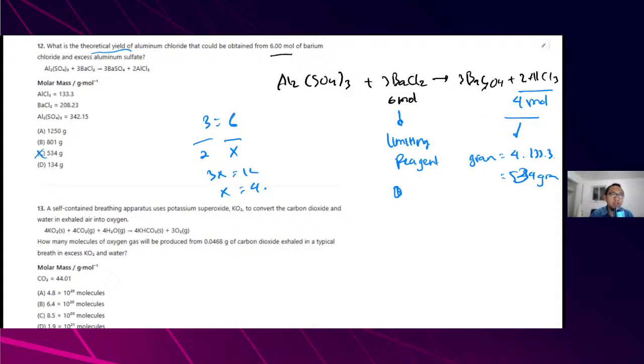Again, when a reactant is in excess, focus all your attention on the limiting reactant, and after that use the mole ratio, then convert it to get the mass.